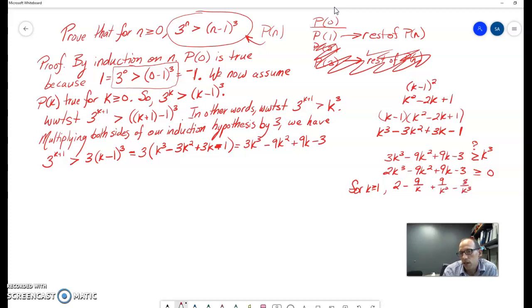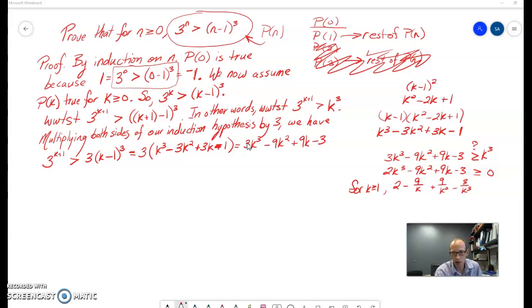Now here, as long as k is a positive number, what's going to happen to these? Well, this has to be okay, and I'm running into problems here too, because what I want to happen is I want this to be less than or equal to 1.